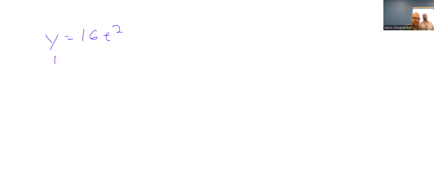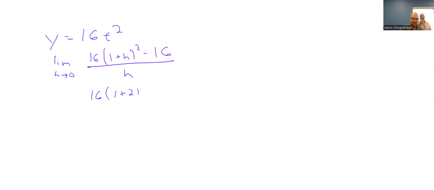Limit as h approaches 0 of f of x plus h, 16 times 1 plus h. So again, I could use t plus h, but I can just use 1 because I know my value of t is 1. Minus 16 times 1 squared, which is 16. It's a nice easy one. So now I square my binomial: 1 plus 2h plus h squared.